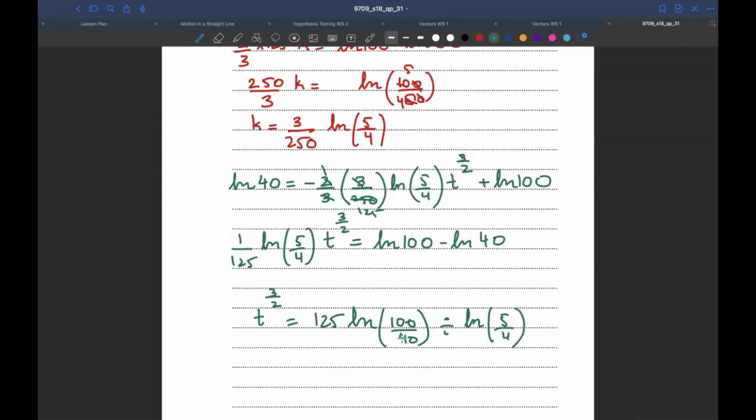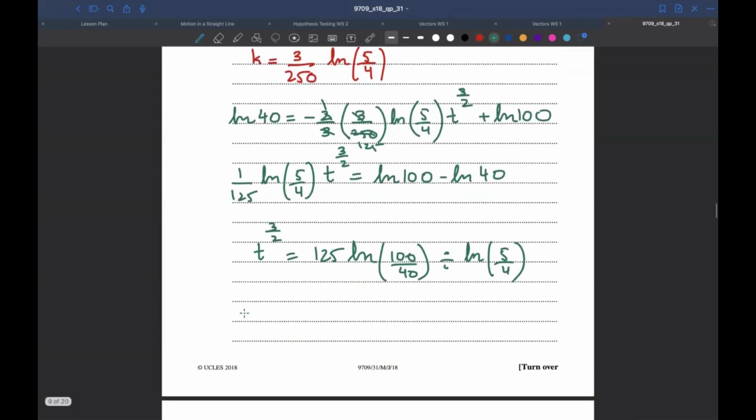Once we substitute this in the calculator, this is t to the power 3 upon 2. To get rid of this, we'll have to take the root of 2 upon 3 as well. And then when we substitute this in the calculator, we'll get the value of t as 64.107. As we have to give our answer to 3 significant figures, the final answer will be 64.1.